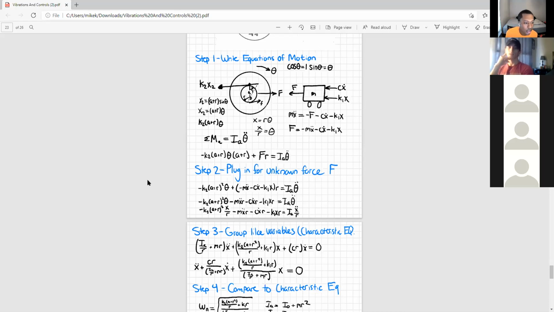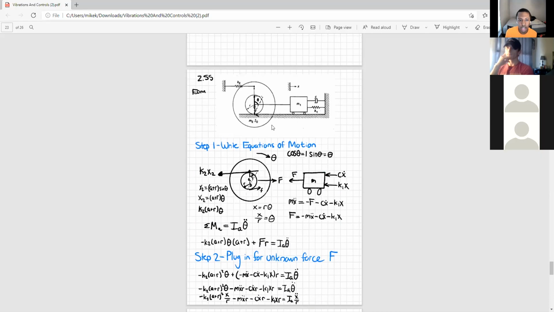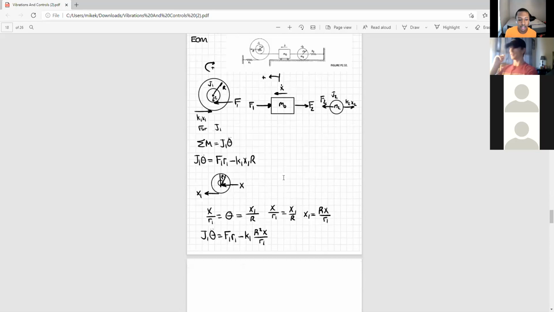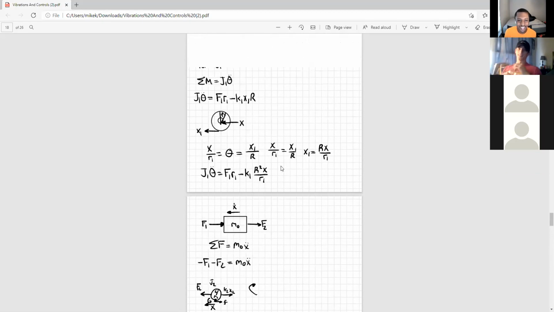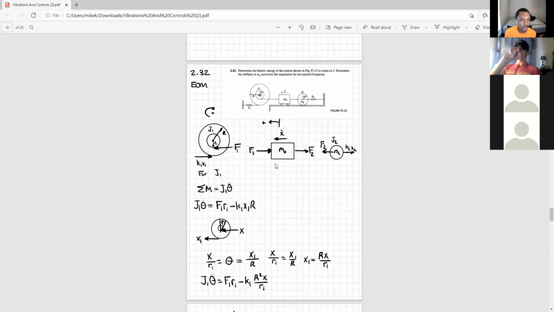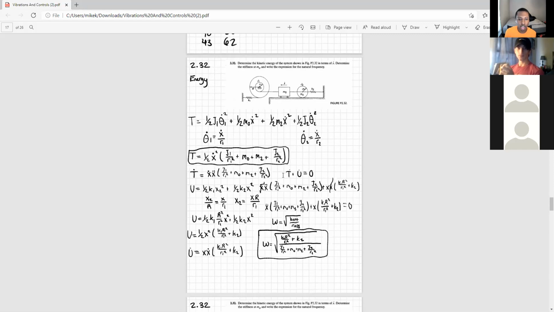Can we go over 32 for the relations for X2? Was that energy or equation of motion? Energy.